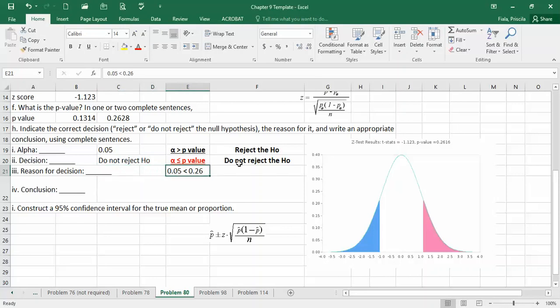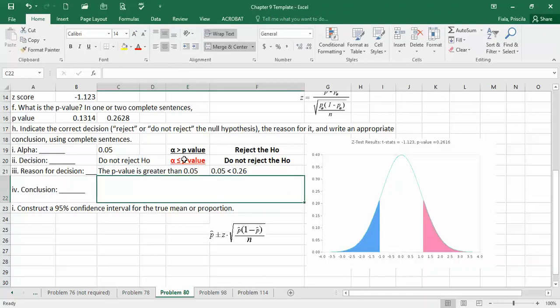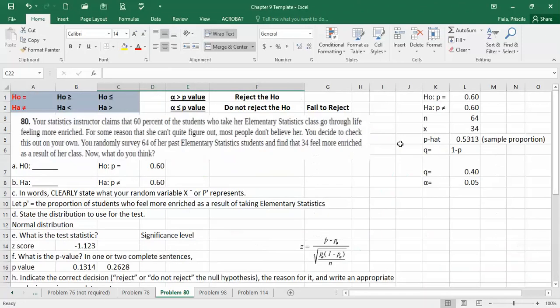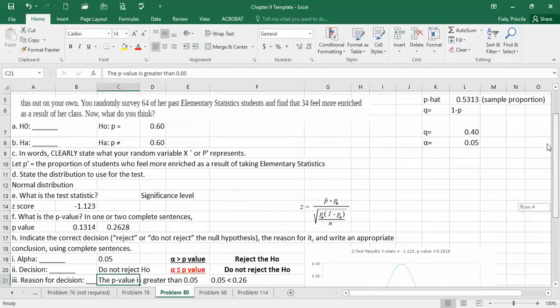And the reason is because the p-value is greater than 0.05. Conclusion? Well, the professor says 60% of them feel more enriched. The p-value is greater than the alpha.